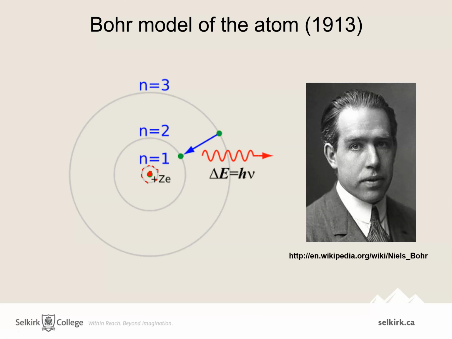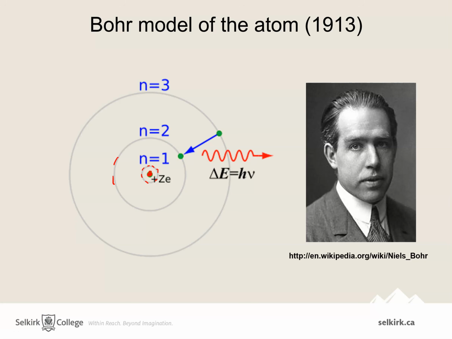And it makes sense that I would have to put energy in to do that. Protons are positive. There'll be an attraction to the negatively charged electron. So if I'm going to pull the electron further away, I'm going to have to put some energy into it. So the electron's in a higher energy level when it's in a higher energy orbit.